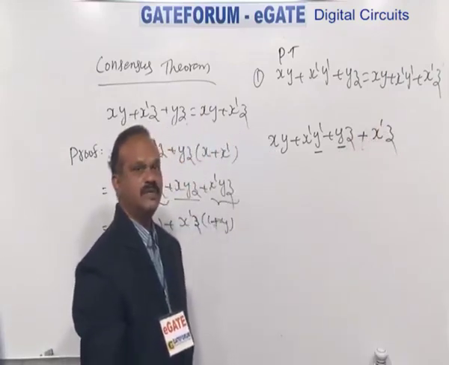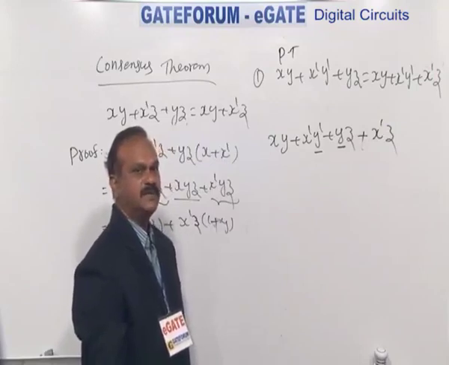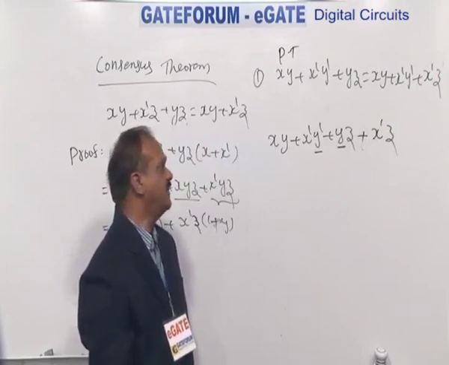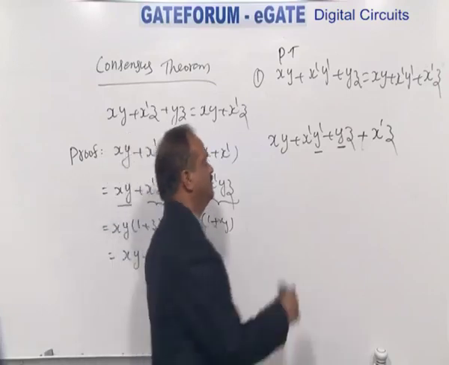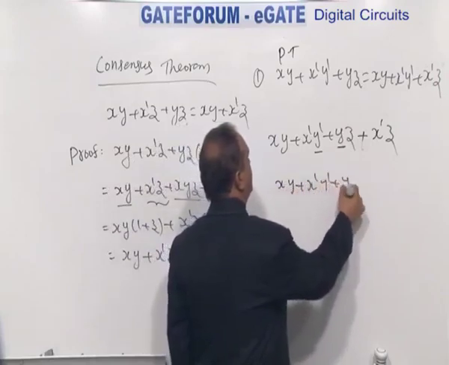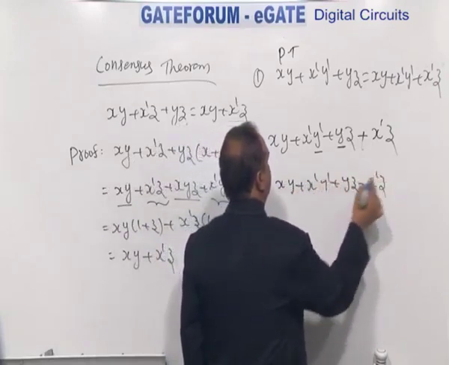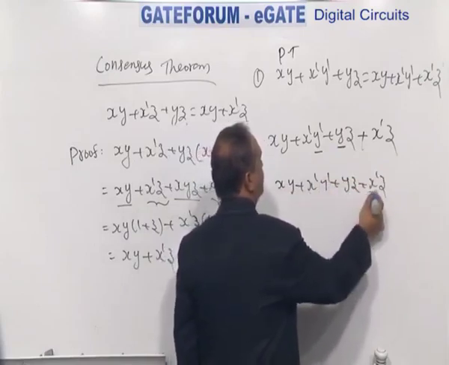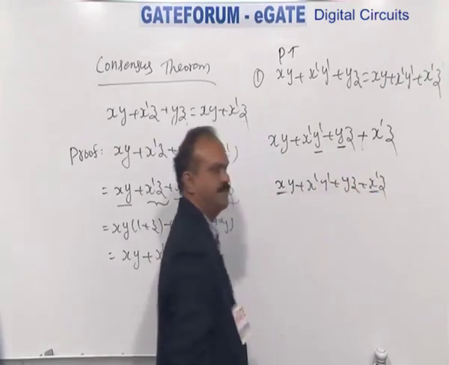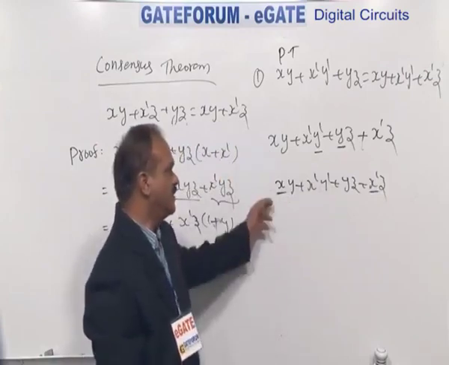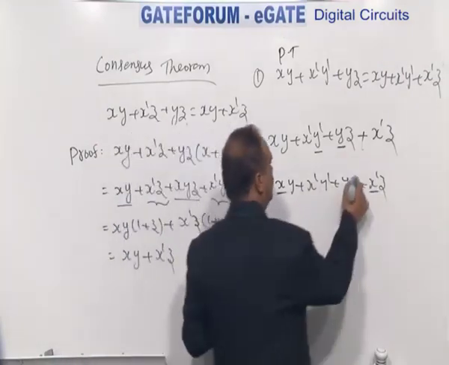Now if I want to prove that this is equal to the right hand side, which term is extra? yz is the extra term. If I eliminate yz, then all the terms on the left hand side and right hand side are equal. xy plus x bar y bar plus yz plus x bar z. So is it possible to eliminate yz? Yes. You apply the consensus theorem to x and x bar. If you apply consensus to x and x bar, you can eliminate the product term yz.